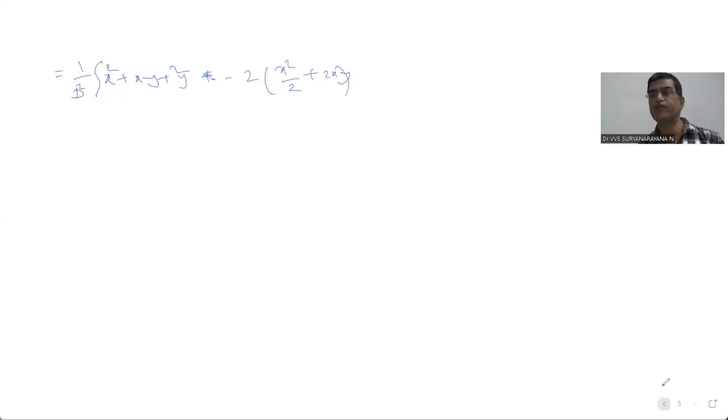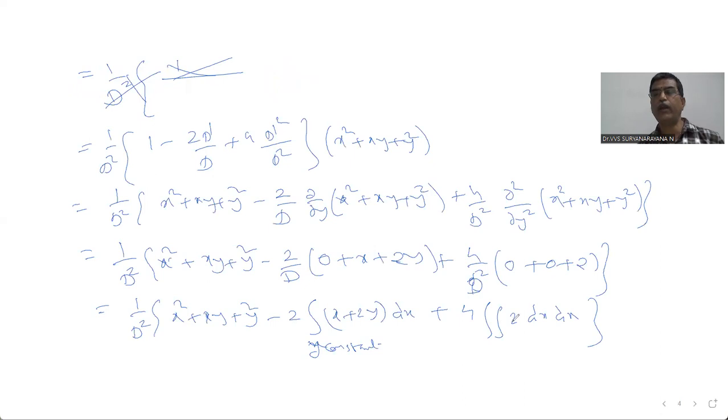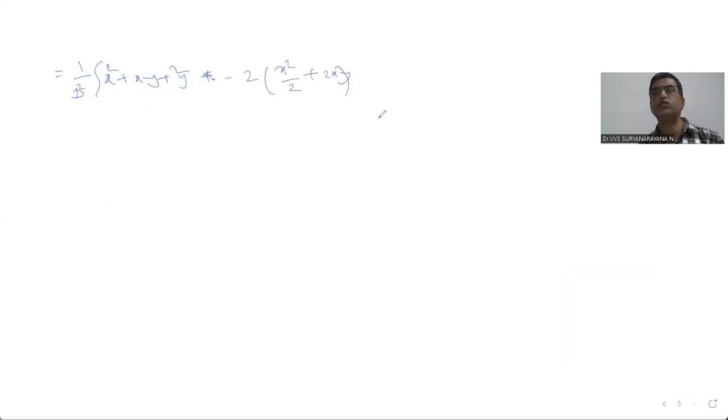Next, 4 into 2, 8. We have to integrate 2 times. So 4 into 2, 8 into the integral of 1 dx is x. Again integral with respect to x. So 1 by D square of x square plus xy plus y square minus x square minus 4xy plus 8 into the integral of x, which is x square by 2.